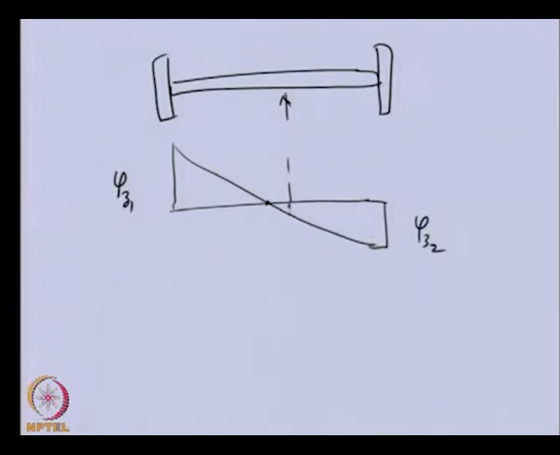After the gear location, all the displacements will be divided by n, so we can expect a change in the slope of the line, and this is nothing but phi Z2 by n. So the mode shape will be this solid line up to the gear, and this dotted line will be the modified mode shape for the actual system.